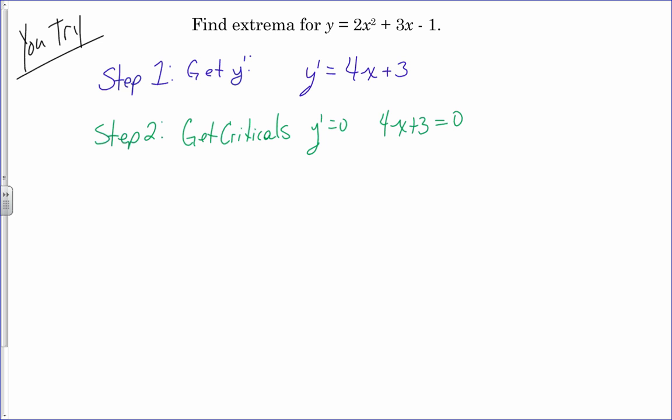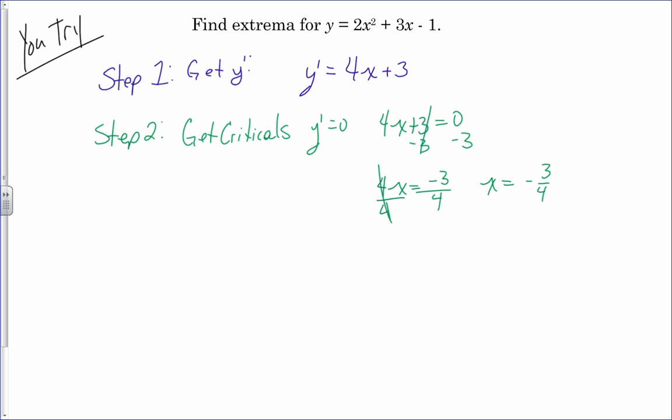Subtract 3. 4x equals negative 3. Divide both sides by the 4. So our critical point is x equals negative 3/4. All right.